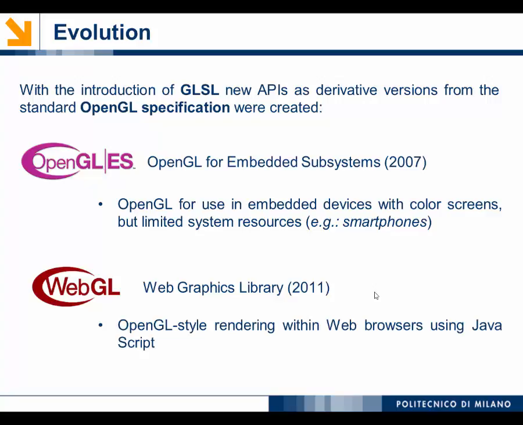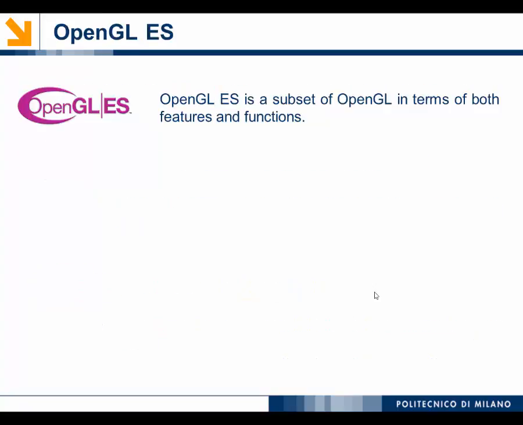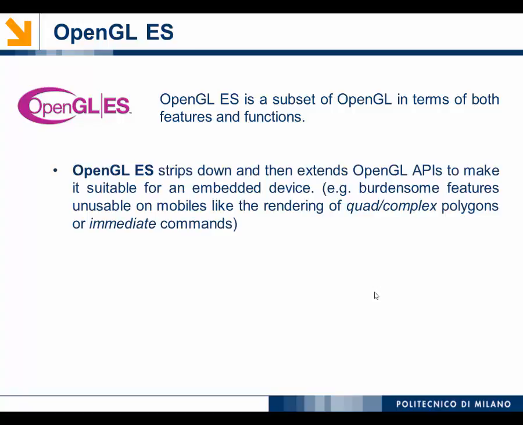In this case, we can access the functionalities of OpenGL within web browsers using mainly JavaScript. OpenGL ES can be considered a subset of all the functions that are available to the standard version. And this is because, for example, many functions that found no use on an embedded system were stripped down.